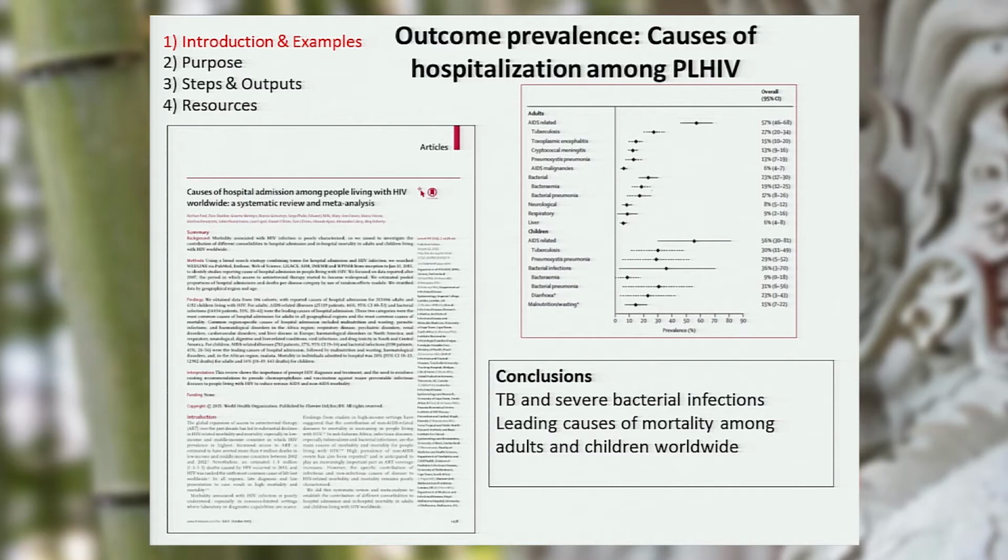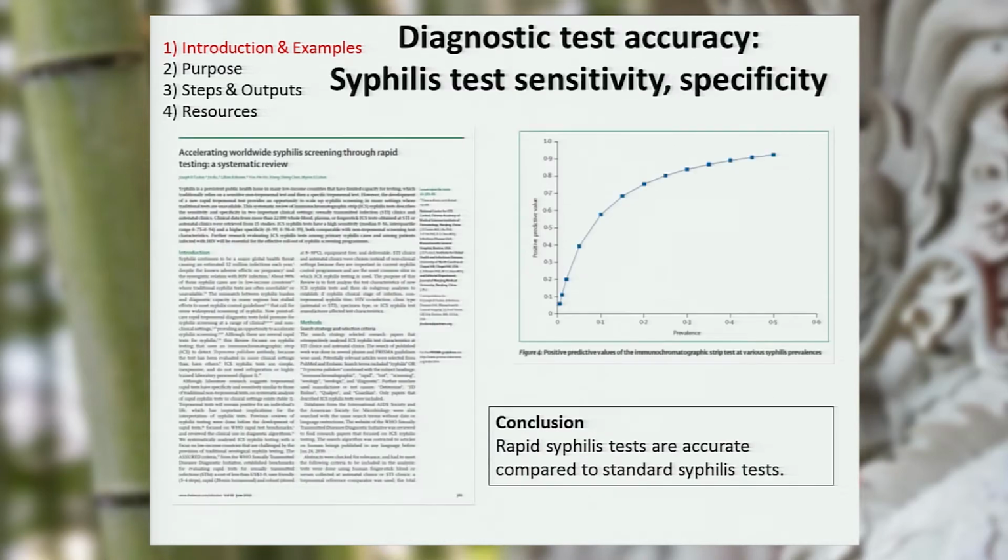And then outcome prevalence. So here we're looking at causes of hospitalization among people living with HIV. And you can see TB, bacterial infections are really leading causes of mortality among adults and children worldwide.